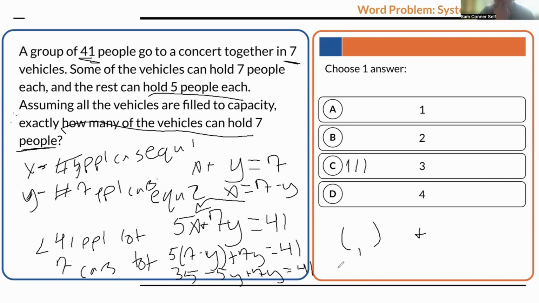Combining like terms, it's going to be 35 plus 2y equals 41. Subtract the 35 from both sides, so 2y is going to be equal to 6. Divided by 2, that's y equals 3, which makes the answer C. So everybody who said that in the chat, you guys are correct.